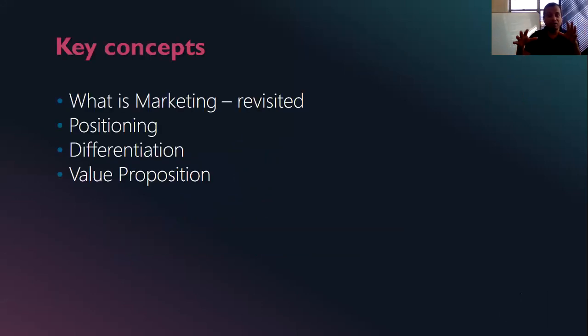So broadly, the key concepts we will cover: I will give a small synopsis on some basics of marketing. Once again, it will be a small part of the discussion, a revisit of what marketing is. Then using that, we'll try to relate our understanding to positioning, differentiation, and value proposition.